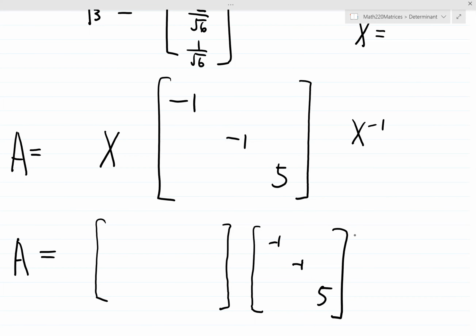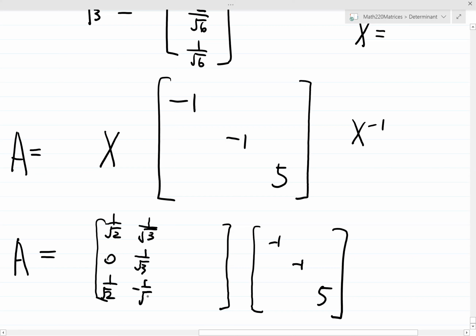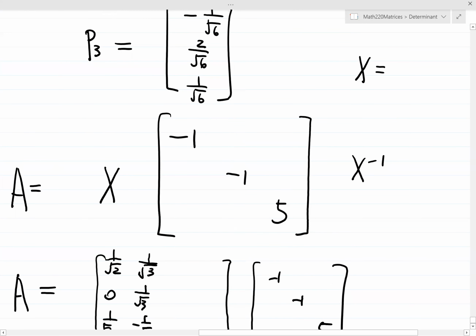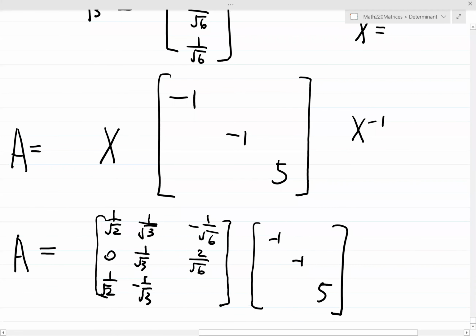The first is 1 over root 3, 1 over root 2, 0, 1 over root 2. So this is P1. Now P2 is 1 over root 3, 1 over root 3, -1 over root 3. Now P3 is -1 over root 6, 2 over root 6, and 1 over root 6.